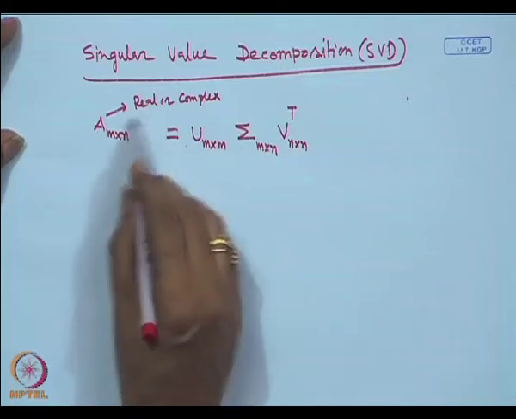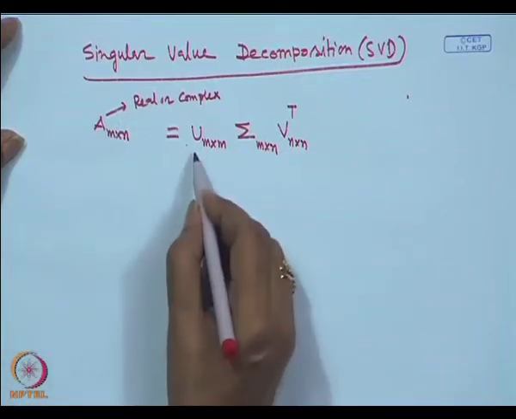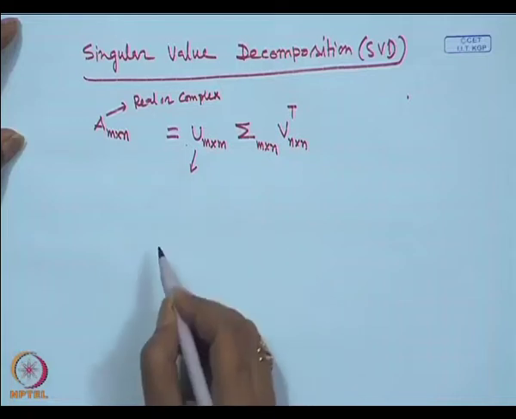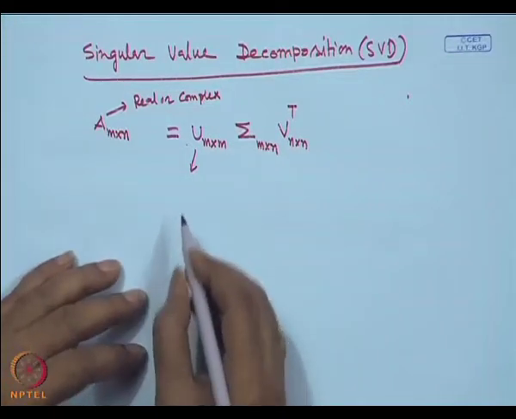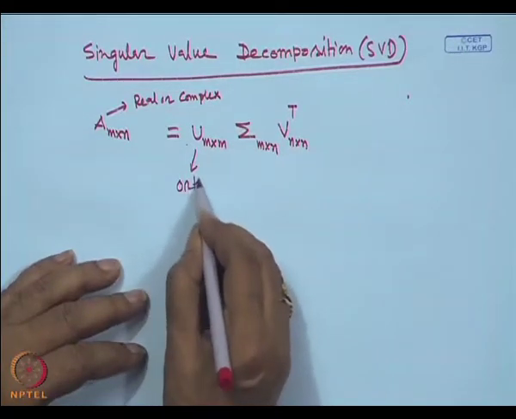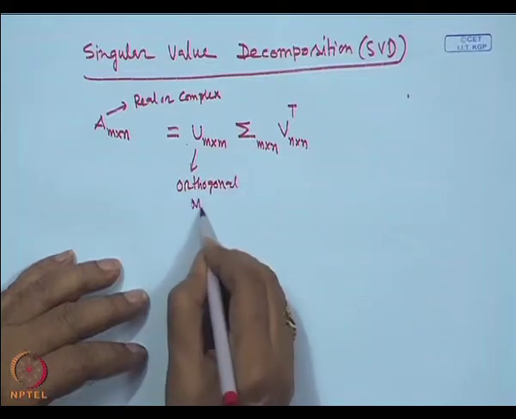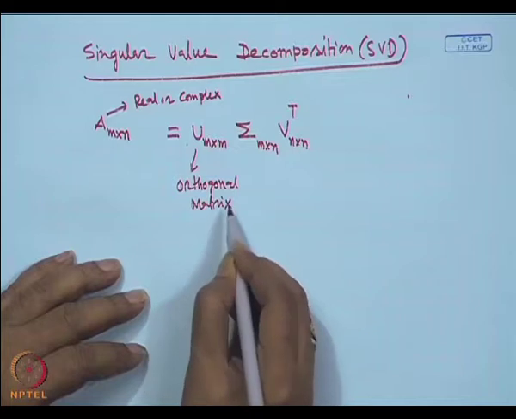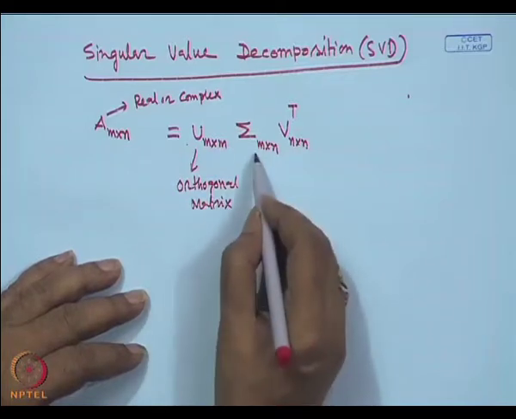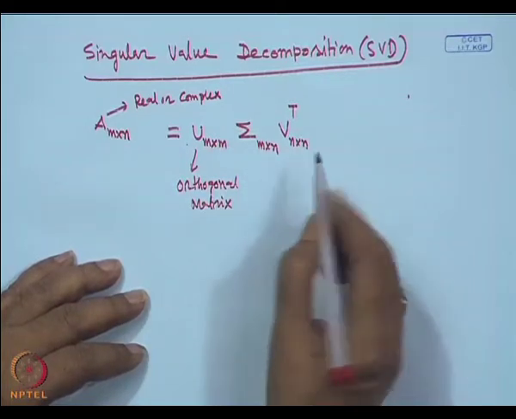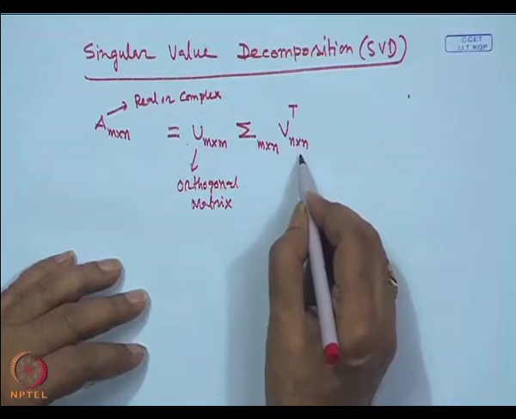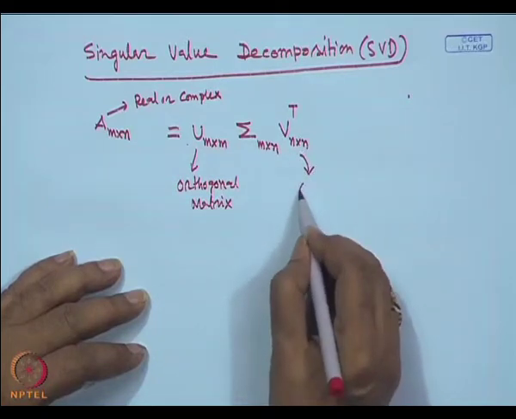So, for real matrix A, which is rectangular, U is an orthogonal matrix. You know the properties of orthogonal matrix, and sigma is the rectangular matrix, and V is also an orthogonal matrix.